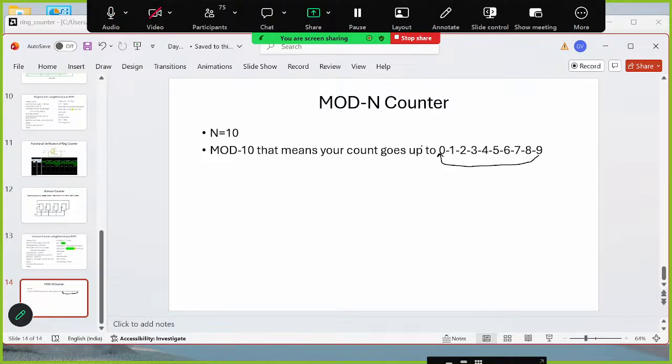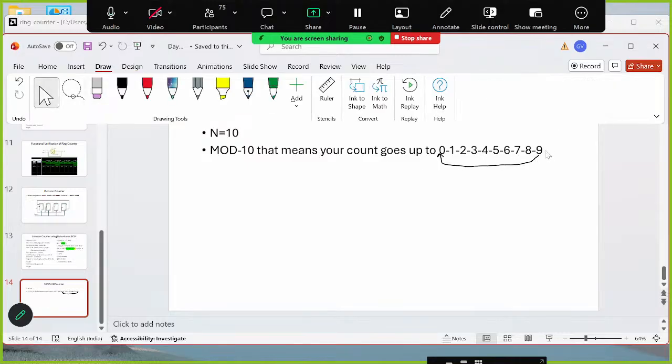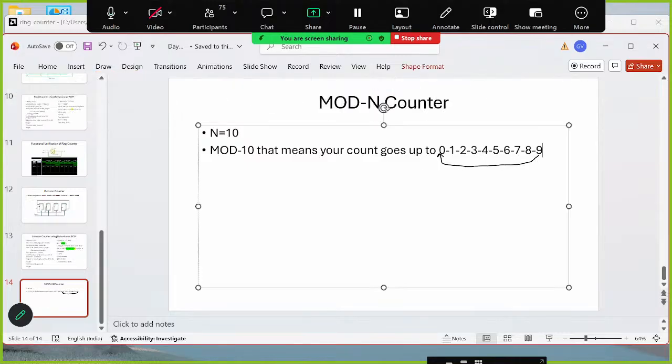You can restrict the states. This mode 10 counter requires how many flip-flops? It requires four flip-flops at least.